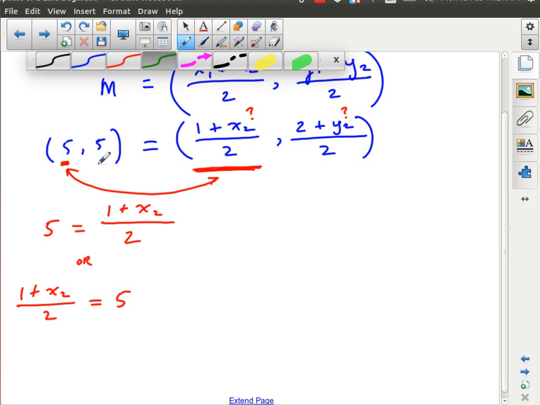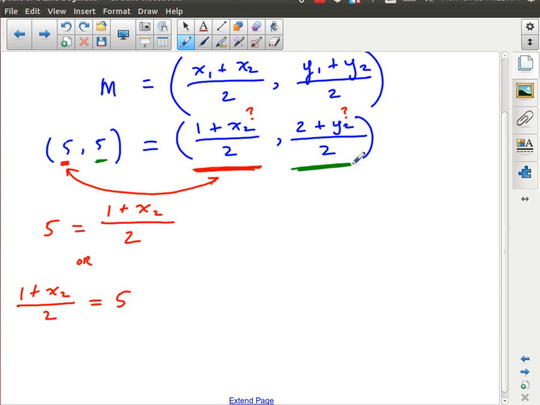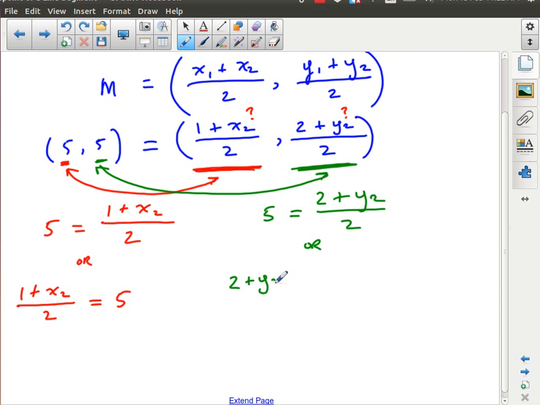And I'll switch to another color. If this is the y coordinate of the midpoint and this is the y coordinate of the midpoint, then these two things must be equal to each other. And that means that 5 is equal to 2 plus y2 over 2. Or we could write that as 2 plus y2 over 2 equals 5.